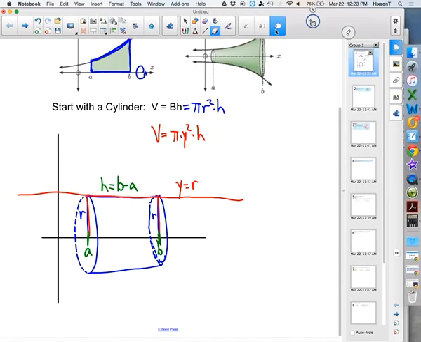Instead of looking at the height specifically, I'm going to consider area, in the form of little discs. I'm going to cut this into little discs like this. So here's one, another one.